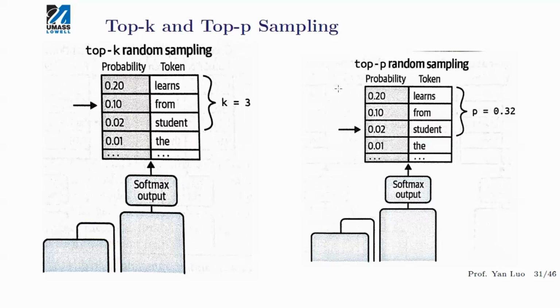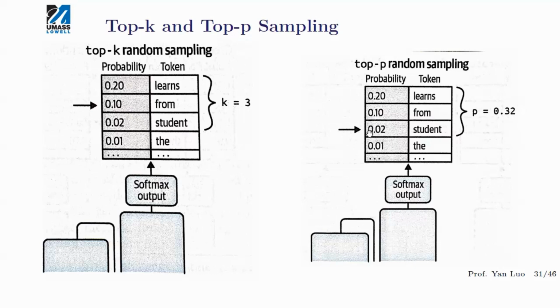Top P random sampling is where we choose the token among the highest ranking tokens whose aggregated probability is P. So let's say P is 32% or 0.32.